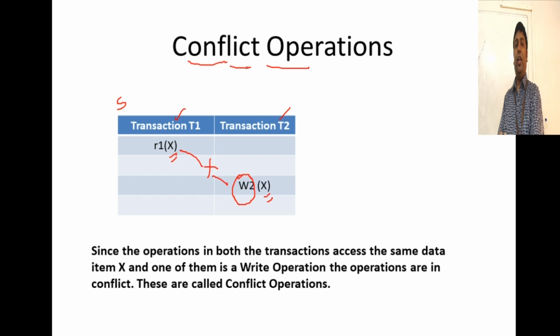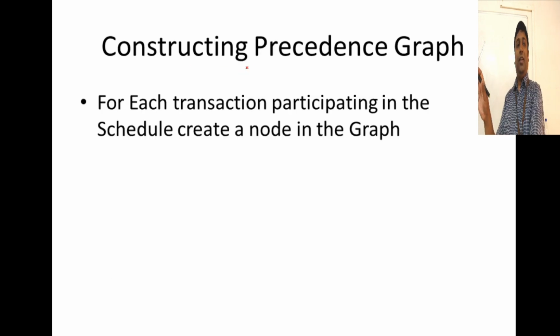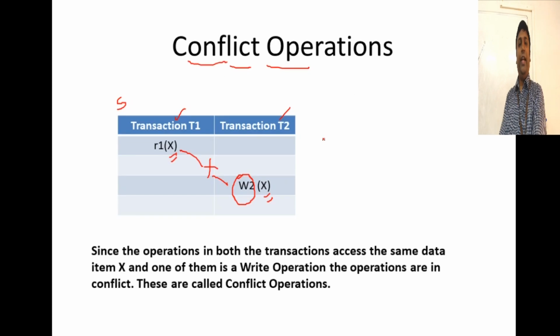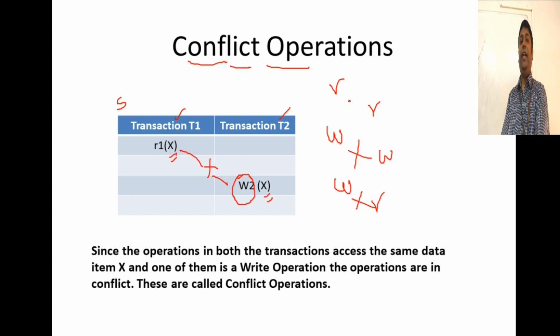So what is a conflict operation? Definitely one of the operations should be a write. It can be read-write, write-write, or write-read, all of which are conflicts. What is non-conflict? Read-read is non-conflict.